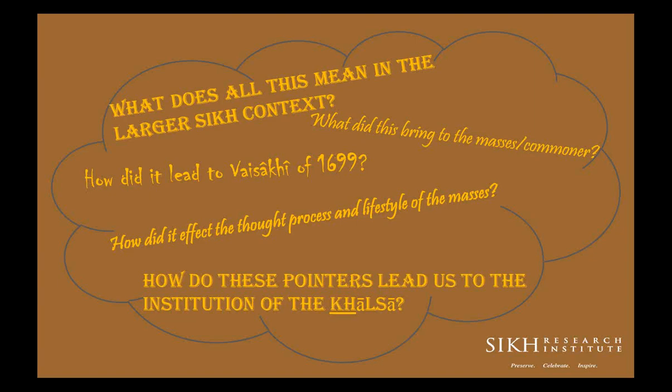But the most significant aspect of this Sakhi, what is really the Sikhya, is that Guru Har Krishan Sahib gave the responsibility to the Sangat to realize or to recognize or to appoint who their next Guru would be.